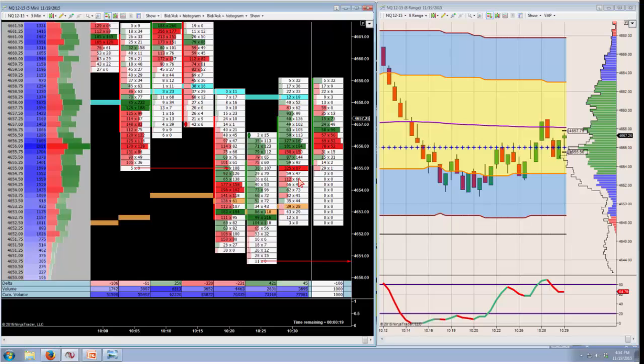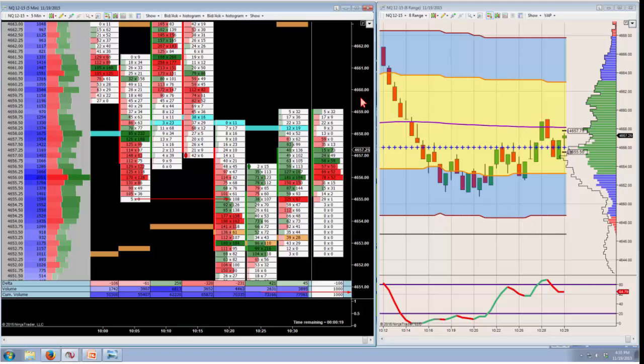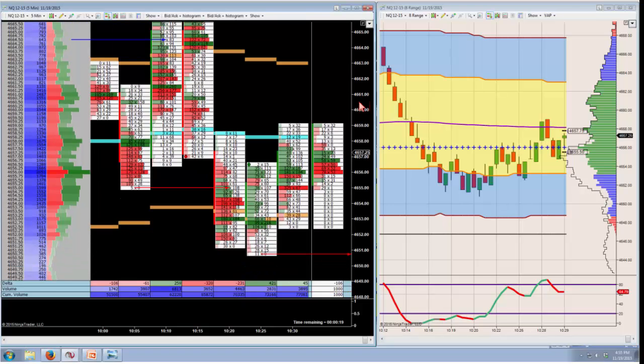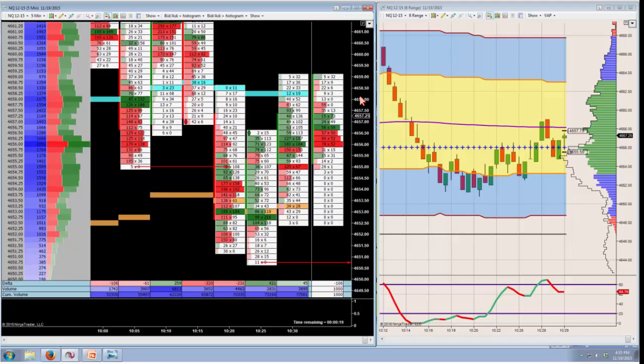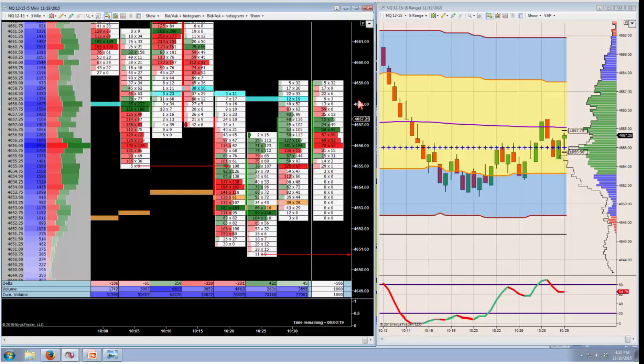And the same on the top side: if I was looking to take a short, I would look to see where the buyers came in, and I could place my stop just above the buyers. So it's really helpful to know where you have the higher concentration of buyers or sellers, not just for taking entries, but also for managing your entry once you're in. And I find it really helpful.